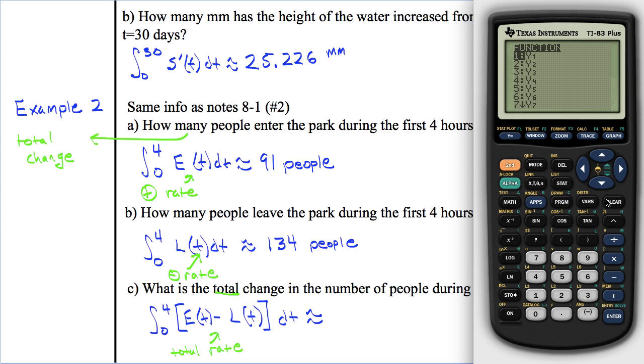Y2, comma x, comma 0, comma 4. So I'm basically saying do the integral for y1, subtract the integral for y2, and find what that's equal to. And it should be negative 43. And we could have just done this straight away, and it would have given us the right answer. I just did this to be sure.